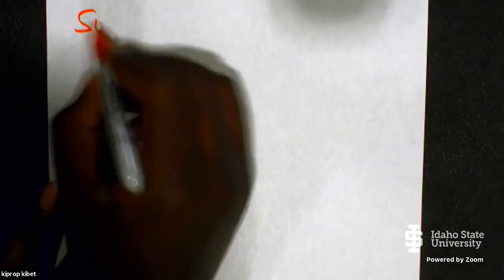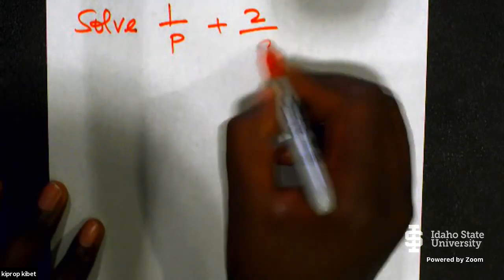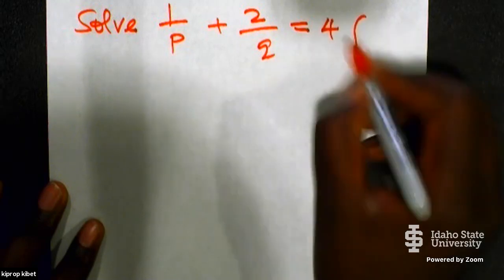Another example. Solve 1 all over p plus 2 all over q equals 4 for p.